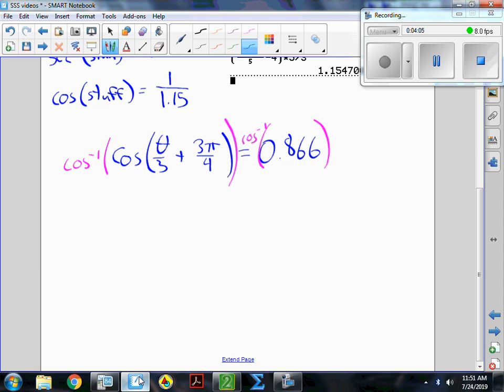So that's an exact value, but let's see what we have then. So now I have theta over 3 plus 3 pi over 4 is equal to pi over 6. And if this was, let's see, pi over 6 plus 2 pi n, and where else is cosine positive? Quadrant 4. So 11 pi over 6 plus 2 pi n.